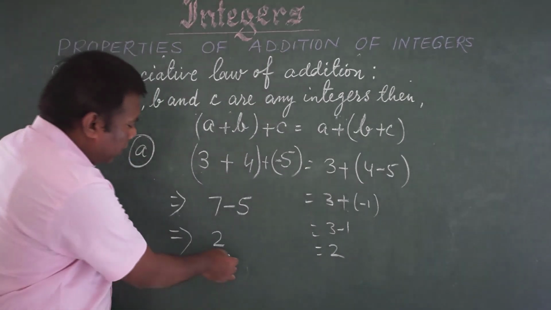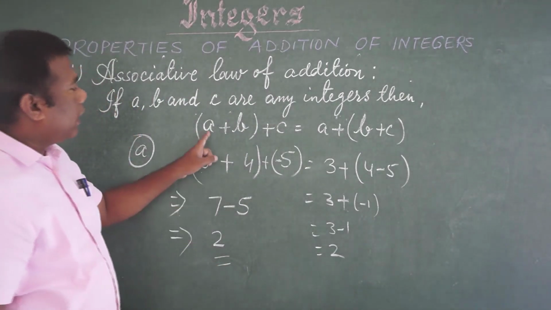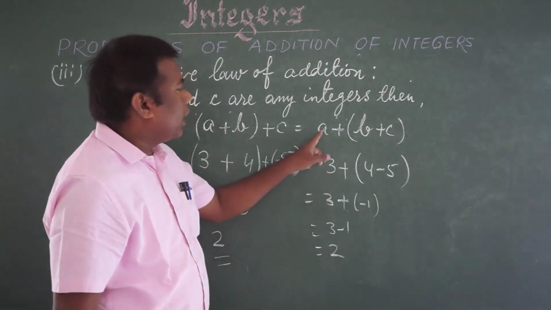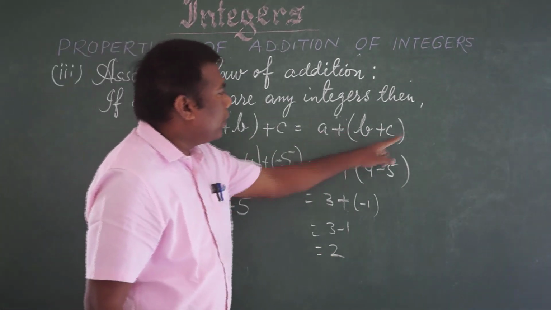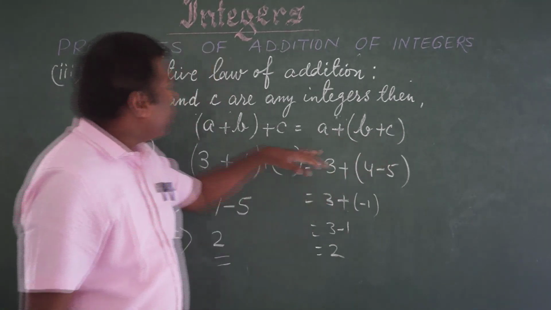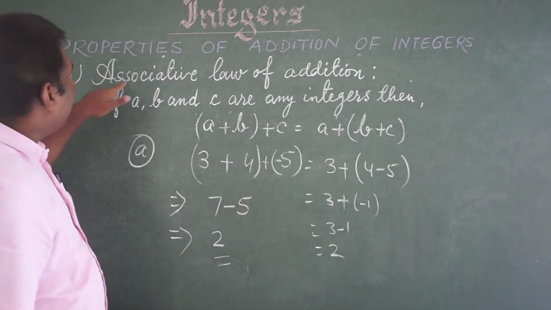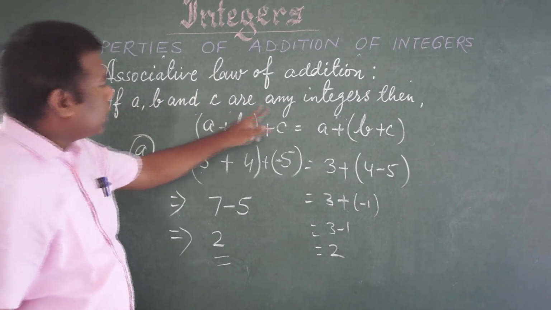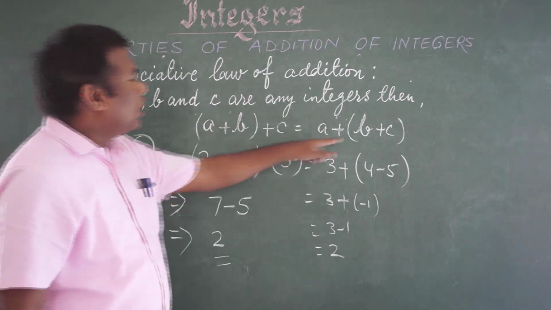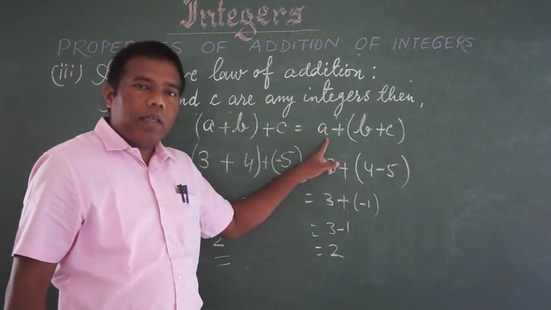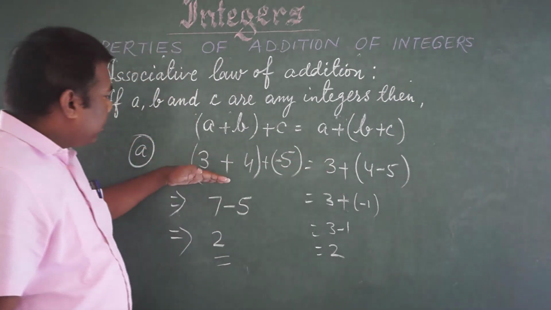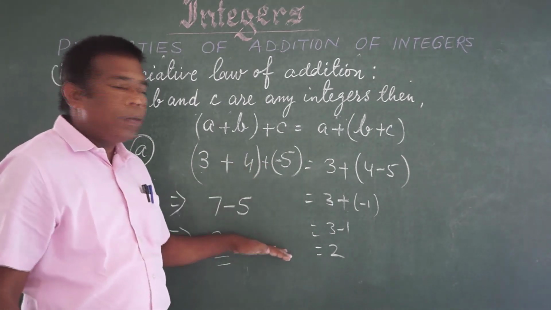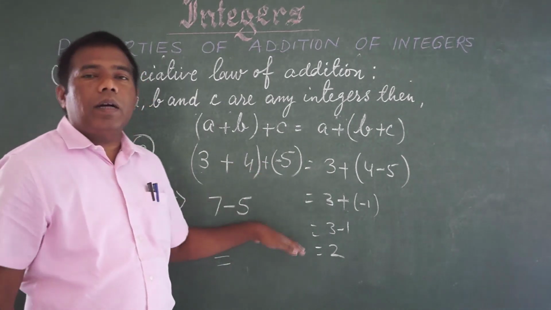So what do we get? 2 if you are writing (a plus b) plus c, and the same thing you get if you are writing a plus (b plus c). So in this property, the associative law of addition, if you have 3 integers, this can be written in both forms and both will be equal. Many other examples can be taken. You try yourself to write them down and verify it.